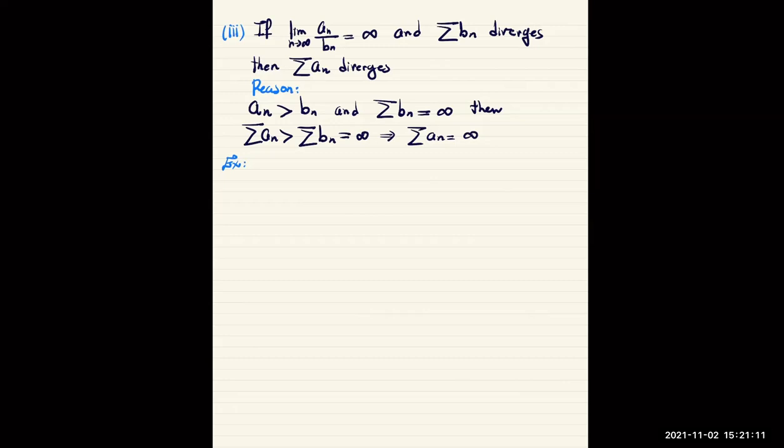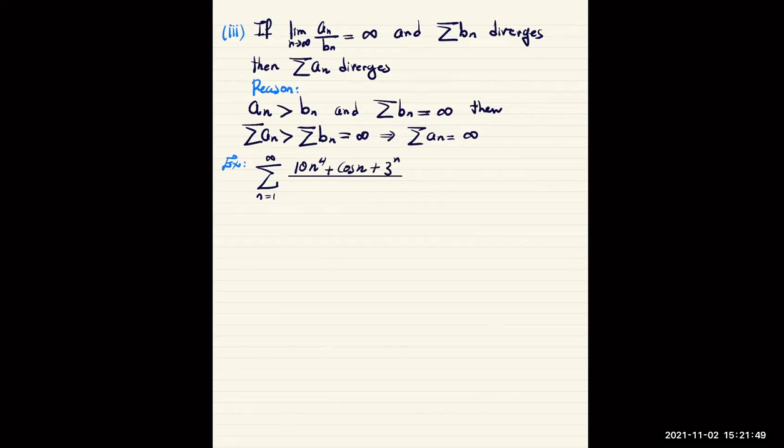But this test is meant for series that look like crap. Here is an example of such a series: the sum from 1 to infinity of, let's say, 10 n to the power of 4 plus cosine of n plus, let's say, 3 to the n.